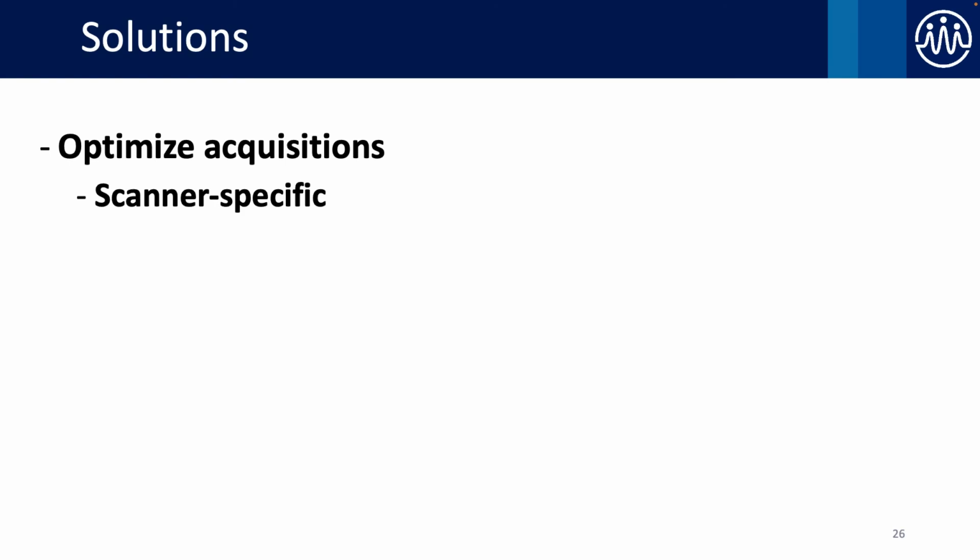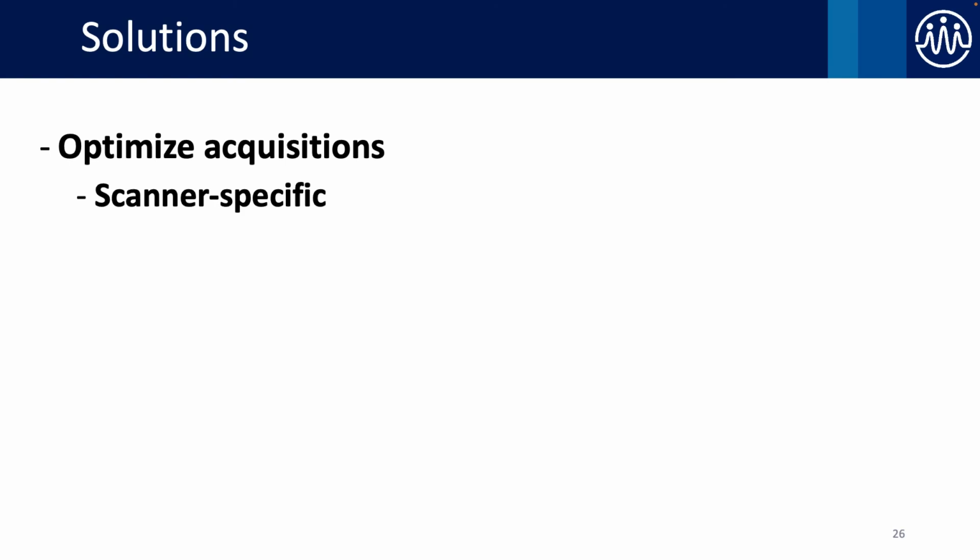So what are the solutions? We have done a few works that I want to demonstrate that would address some of these challenges. The basic first one is, let's optimize acquisitions. If there are particular acquisitions that we know are not giving you accurate results for any reason, they are skewing or giving artifacts or affecting your measurements in an incorrect way, let's figure that out and try to avoid them.